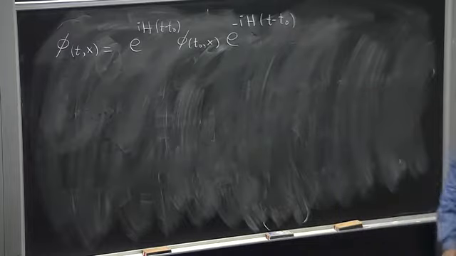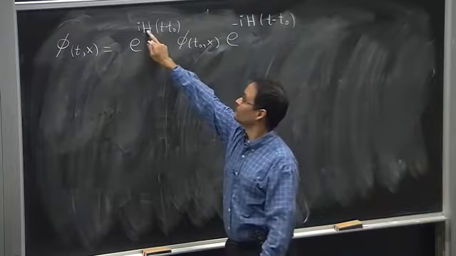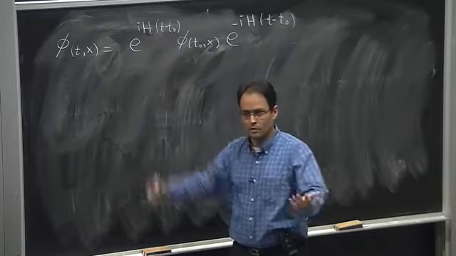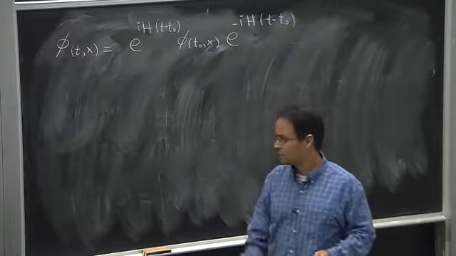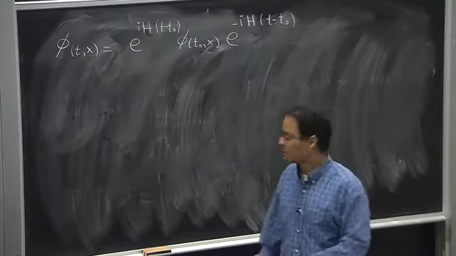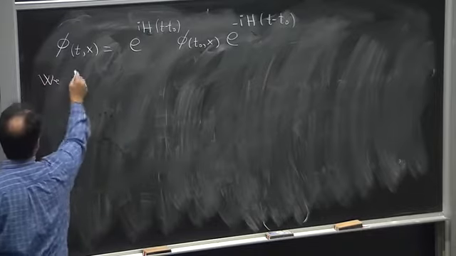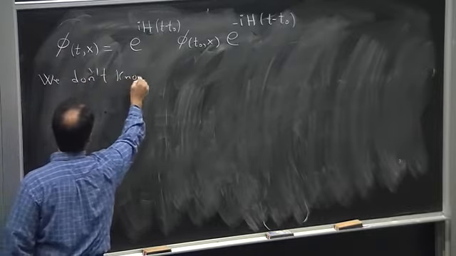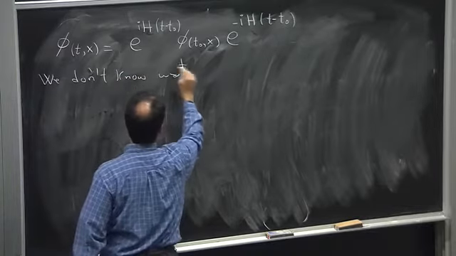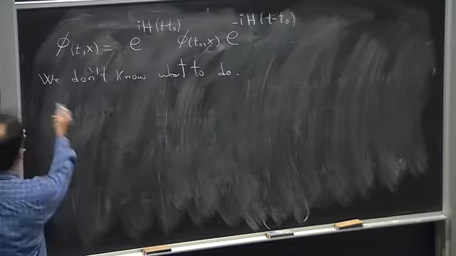That much we know. What is the full Hamiltonian? How does it act on these objects? We don't know. So since we don't know, we don't know what to do with this. So let's do something.